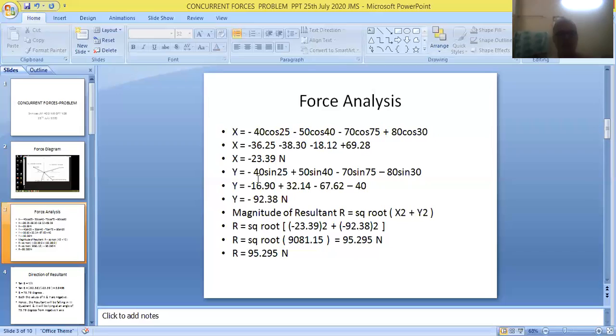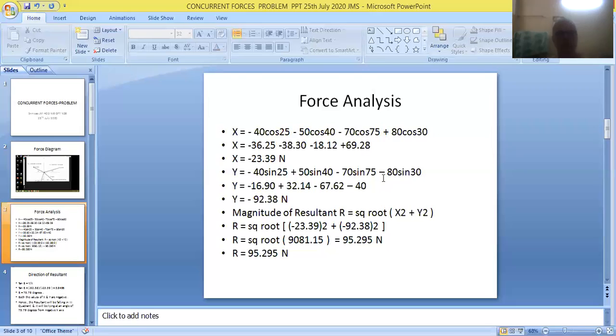Friends, the first force, the third force, and this force are acting in downward direction. We are allocating negative symbols, and this is acting in upward direction, so we are allocating positive symbol.